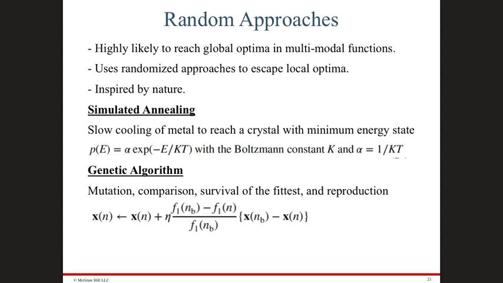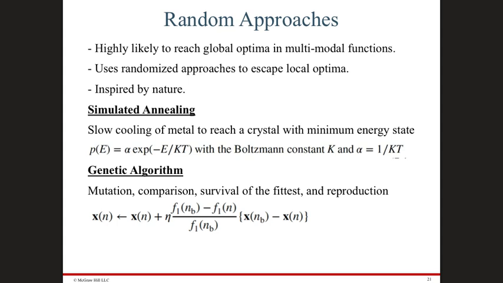The probability of the energy of any formation of atoms is equal to some exponential function. So the probability that I have a particular value, or a value of the energy between this range and this range, follows an exponential distribution.